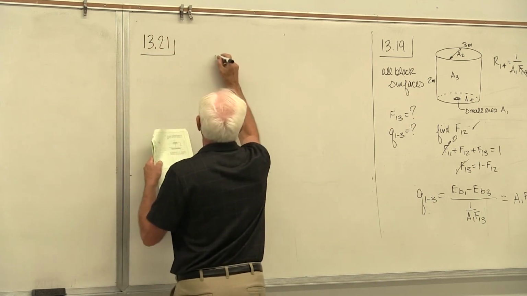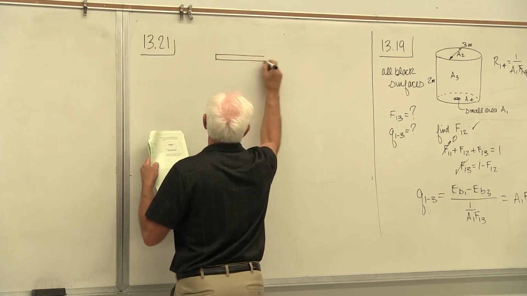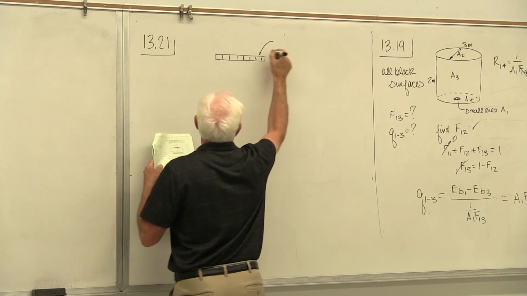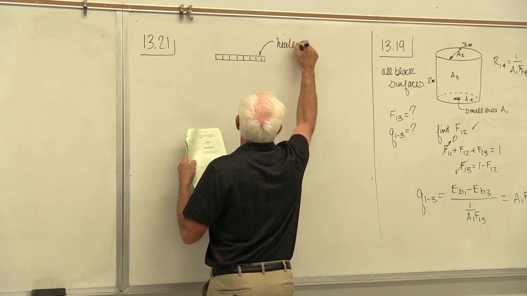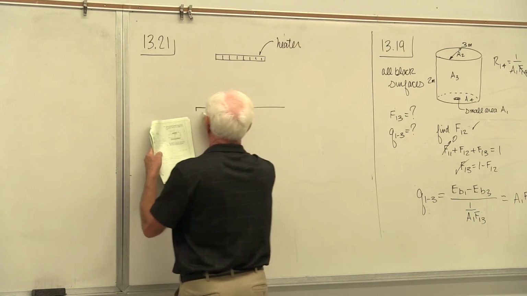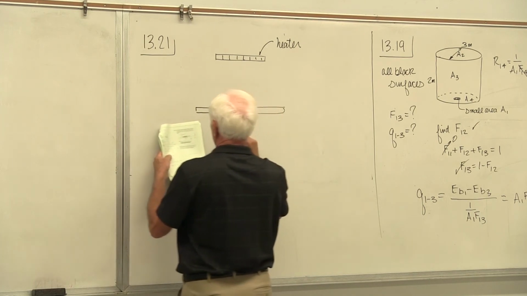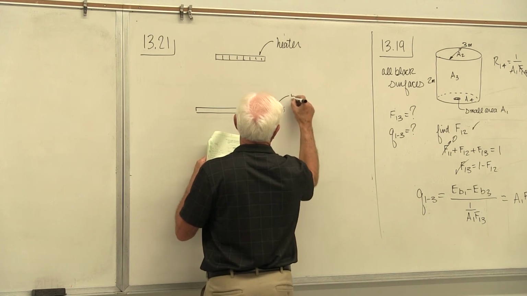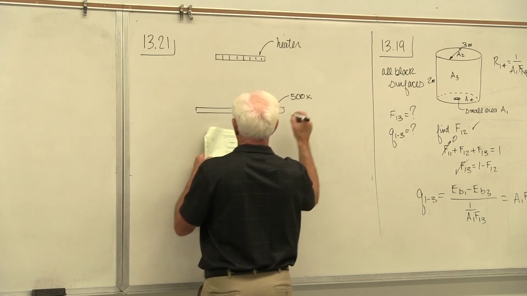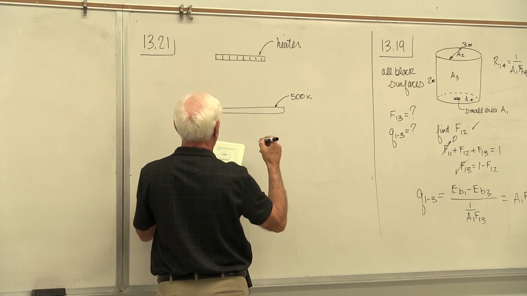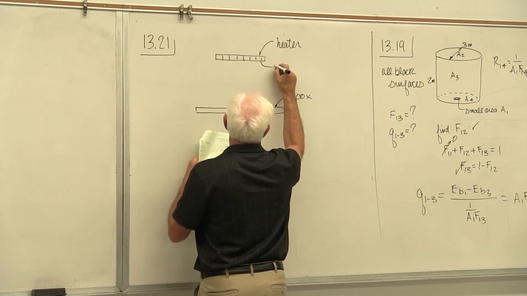All right, so we have a circular disc up here with a heater. This is a heater disc. There is a circular surface down here that's kept at 500 K. The heater, we don't know the temperature T1.